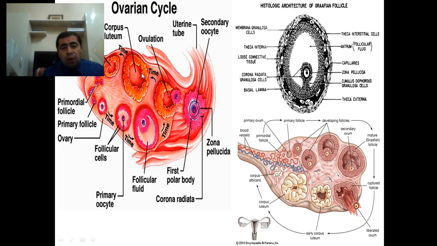Ovarian cycle: you are looking at the formation from primary ovarian follicles of the secondary ovarian follicles, the liquid within this follicle, and then the rupture of the follicle and the release of the oocyte with special cells like the corona formed around this oocyte.